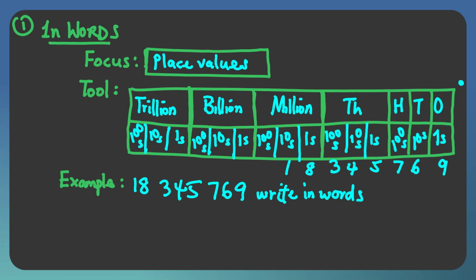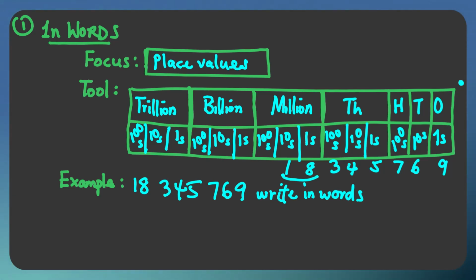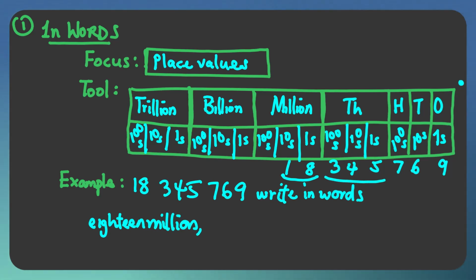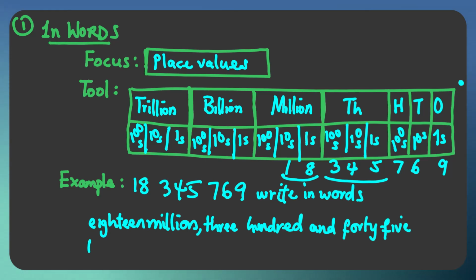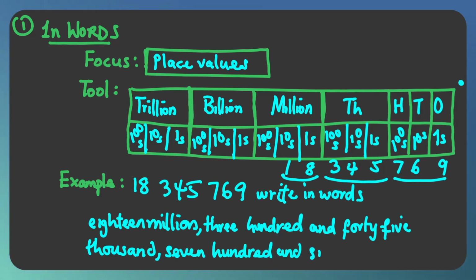And in here we have our first group to be tens of millions, so this is our 18 million, and then the next part is our hundreds of thousands, and so this will be 345,000, and then our last part is our hundreds, tens and units, which in this case is 769.